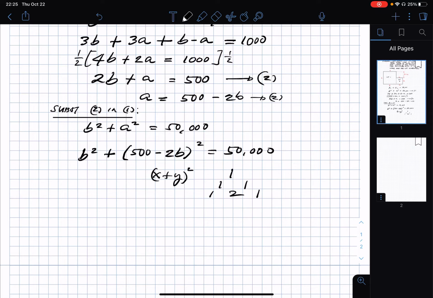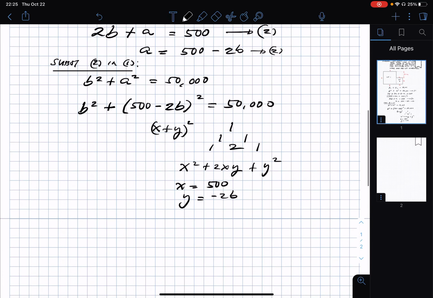In terms of x, this will be the expansion x squared plus 2xy plus y squared. Now in this expression, your x is 500 and your y is minus 2B. So what you will do here is substitute the values.